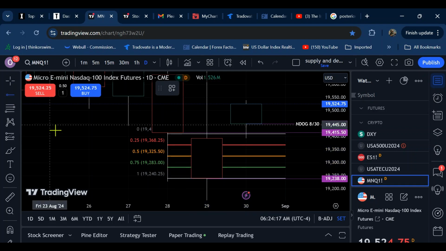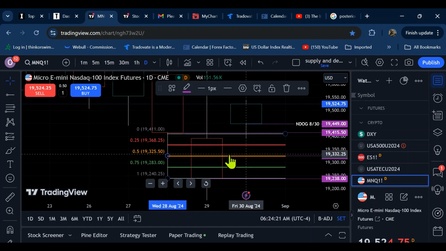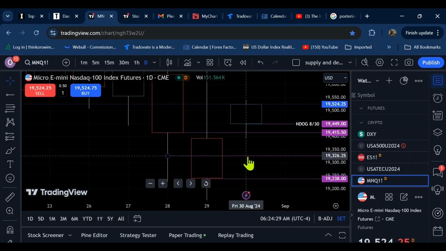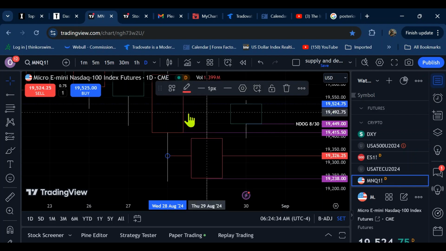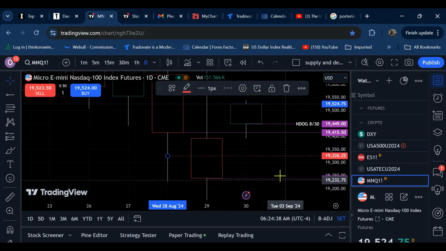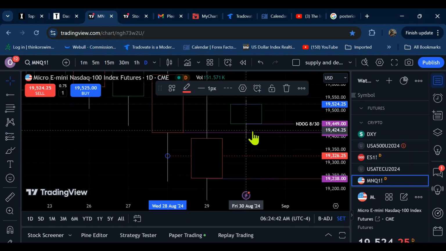So you would put another line there to mark the middle of the gap. Let me get rid of that fib tool for a minute. So now we have this line, and I like to notate it with a different color. So I'll usually put red and I'll make it a dashed line. So we know that's the center point of the opening gap. Okay, so that's very important.